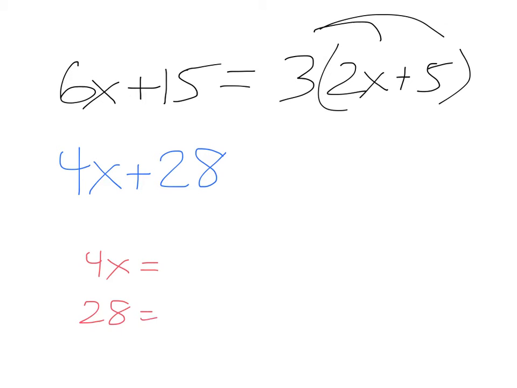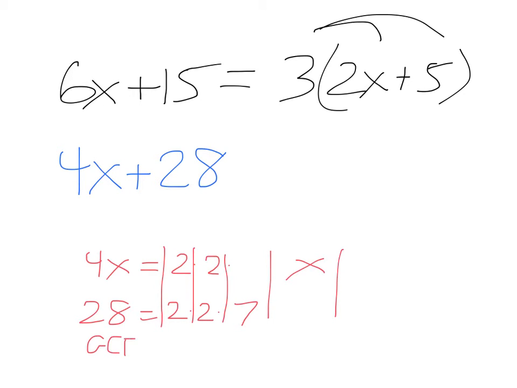Those are my two terms. 4x is 2 times 2 times x, and 28 is 2 times 2 times 7. When I make my columns for the greatest common factor, I have 2 and 2, which means my greatest common factor is 4. So what I'm looking to do here is pull out a 4.